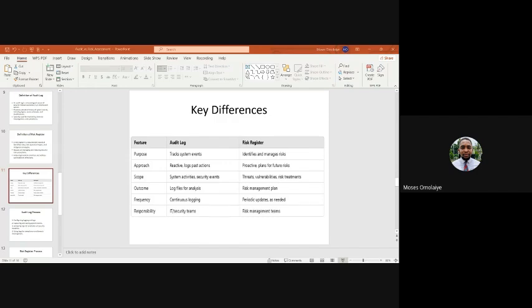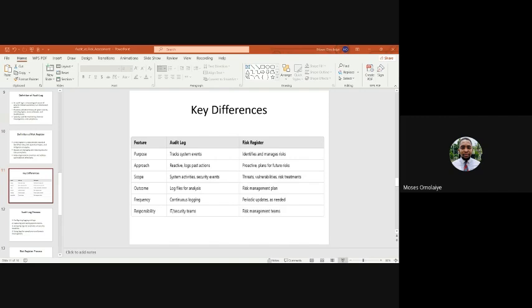So basically, audits and risk assessments serve distinct but complementary functions. Now, an effective security strategy would integrate both compliance and proactive risk management. I'll give you an instance. When you're about to start implementation for ISO 27001, the first thing you do, because it's risk-based, is a risk assessment.